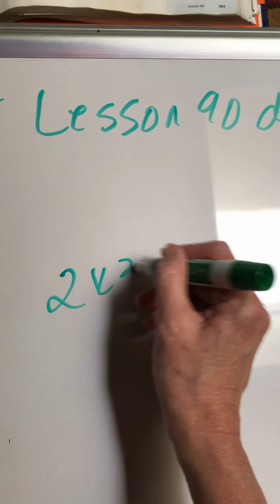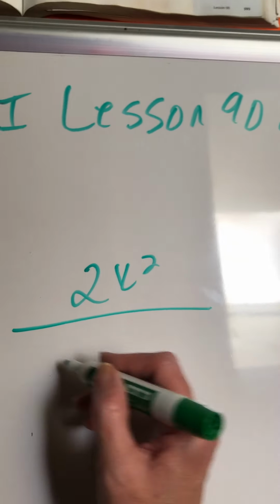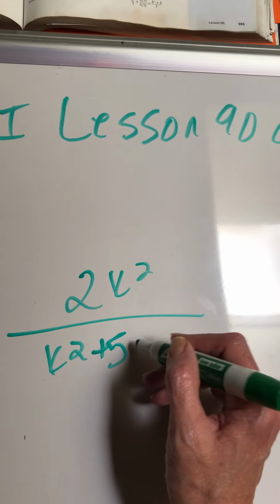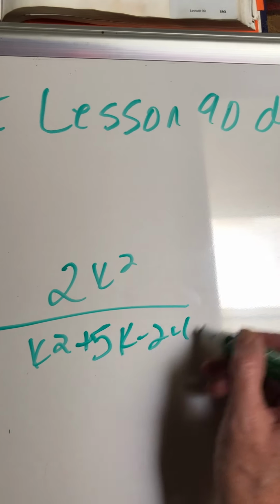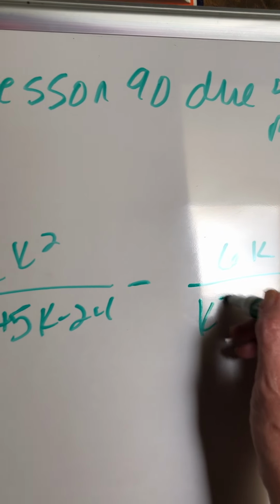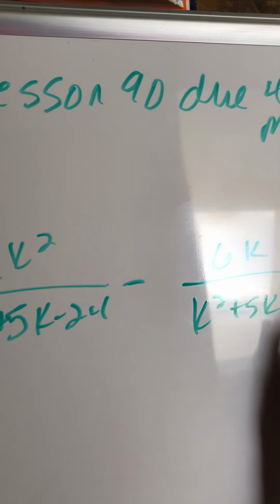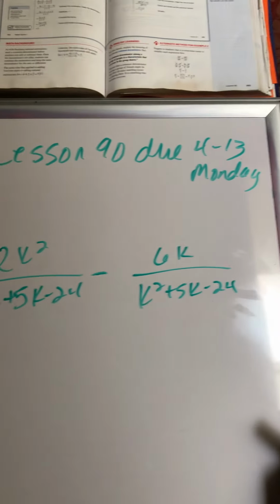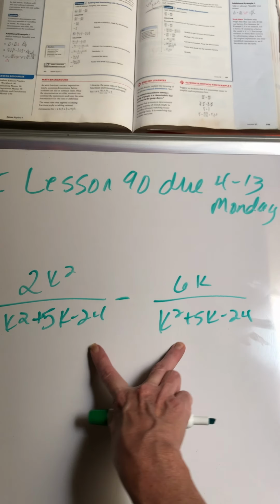Then you're going to have some factorable denominators. 2k squared over k squared plus 5k minus 24 minus 6k over k squared plus 5k minus 24. So again, what we're focused on is that my denominators are the same.